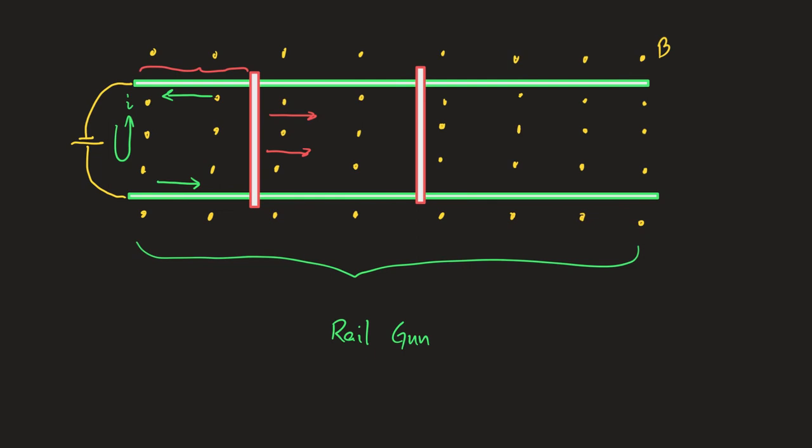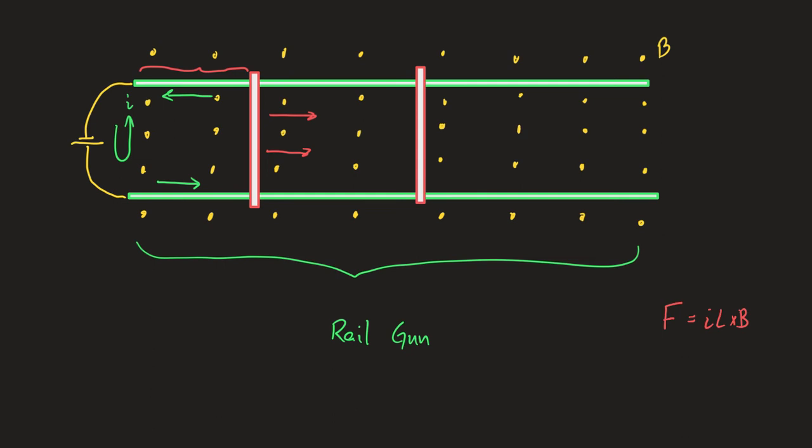Now, you can make the projectile smaller by getting the rails closer together, and therefore it doesn't have to be that way. But remember, diminishing returns. If we make our projectile smaller, we reduce how much force we get on the projectile itself. We need to have enough length that is in the magnetic field for there to be a reasonable enough force to cause it to accelerate.